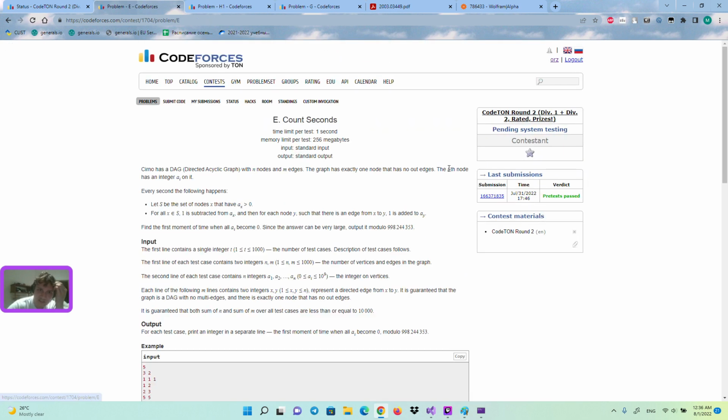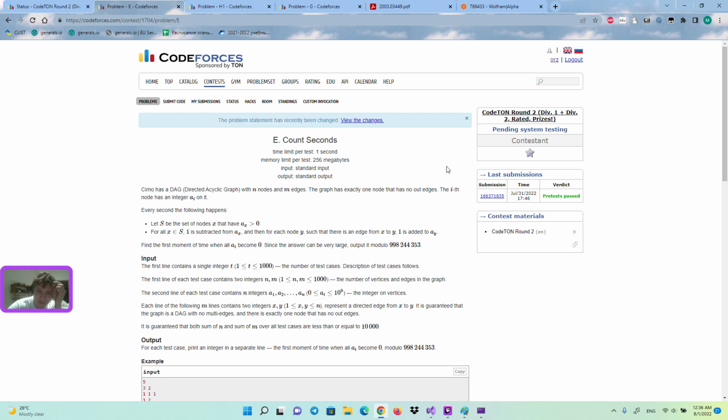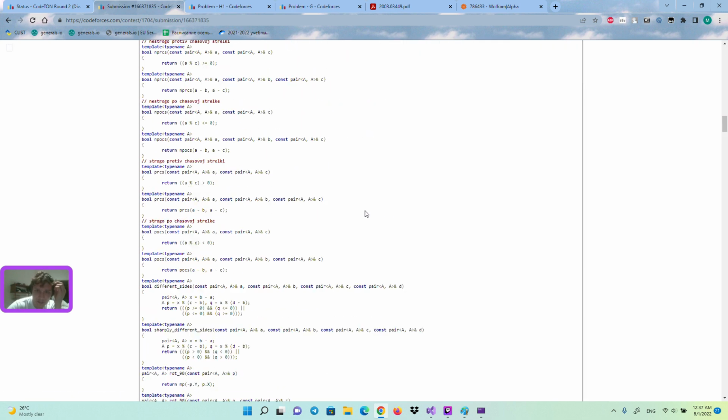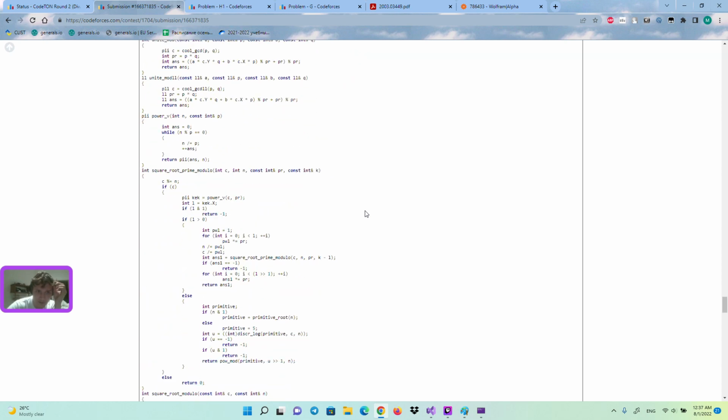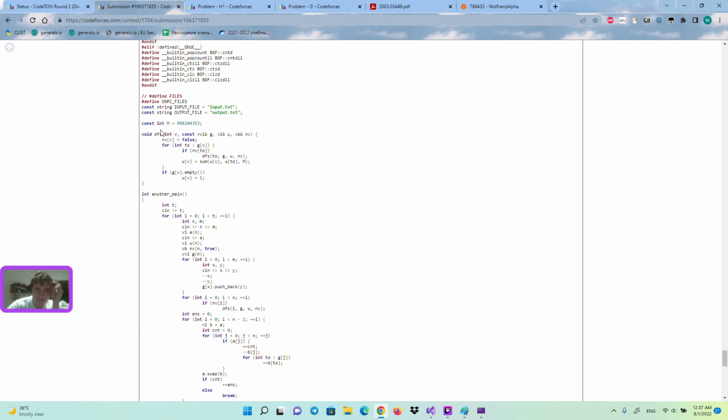So Poldnik didn't solve E. But was it possible for Poldnik? Again, let's look at my solution. I don't think I really did something incredible. What I did was, firstly, I calculated this DFS.